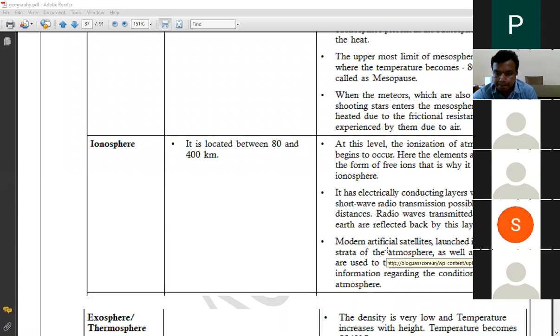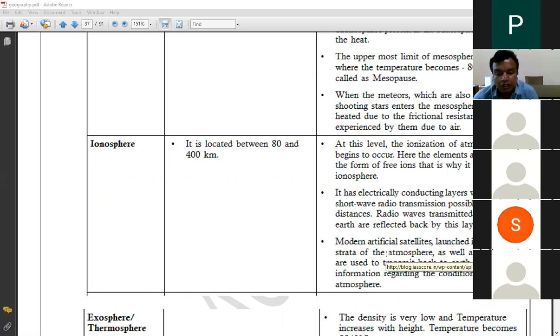Earth's moon. Yes, the moon is a natural satellite. Now, why is it called a satellite? What is a satellite?